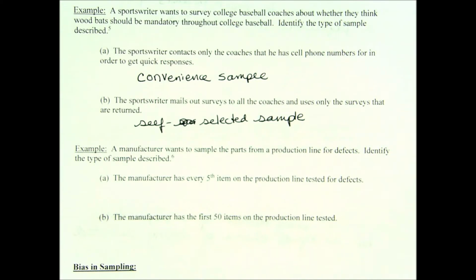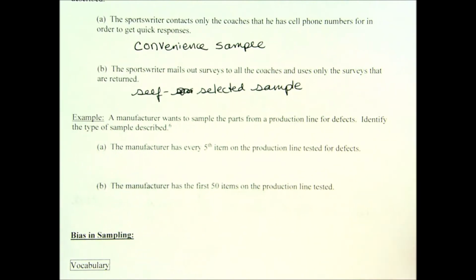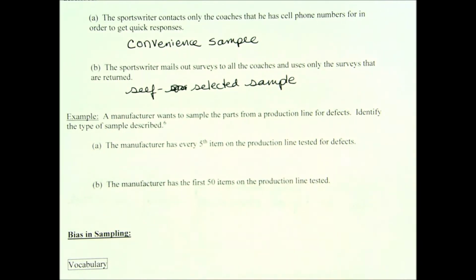A manufacturer wants to sample the parts from a production line for defects. We're going to identify the type of sample first. A, the manufacturer has every 5th item on the production line tested for defects. And B, the manufacturer has the first 50 items tested.